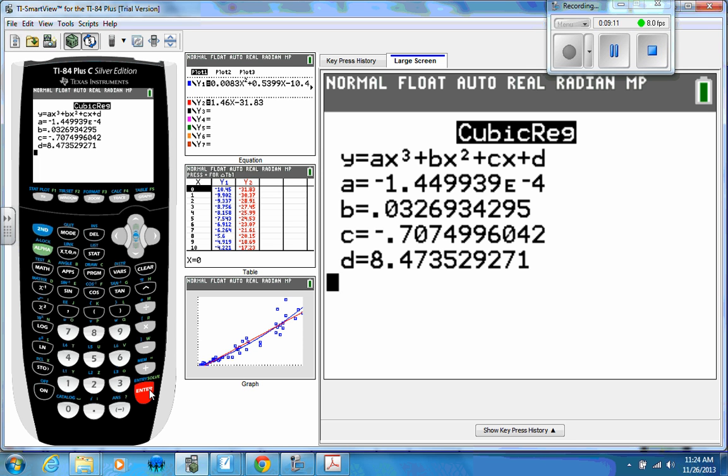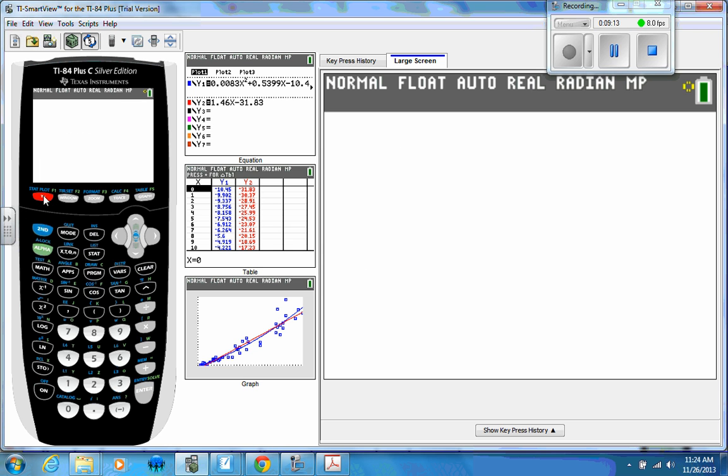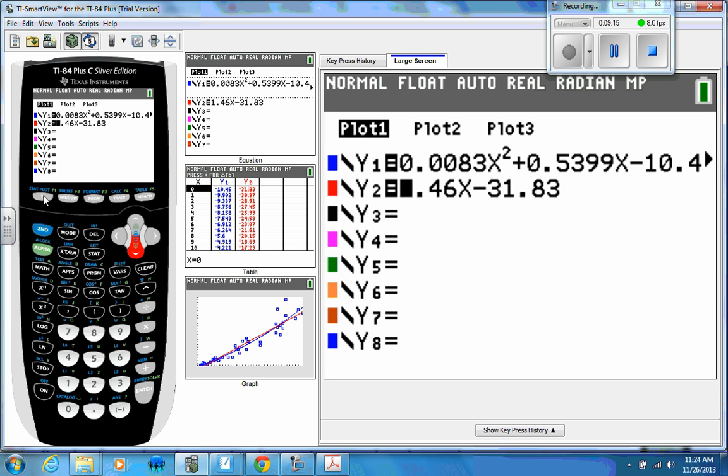If I take this formula and I plug it into y equals in the third one, just to see what kind of formula I'd get.